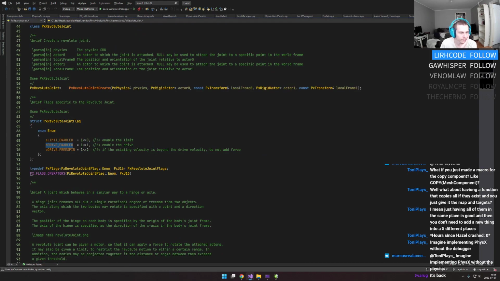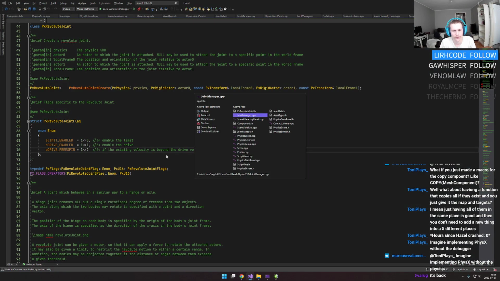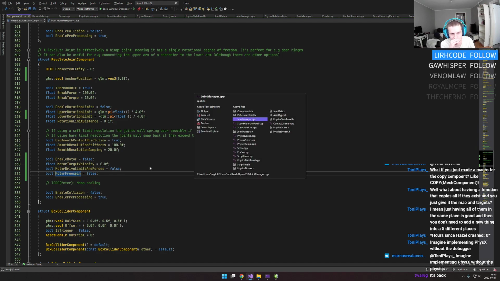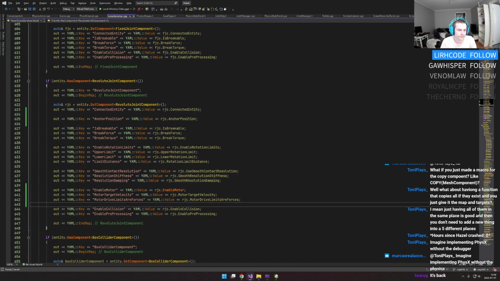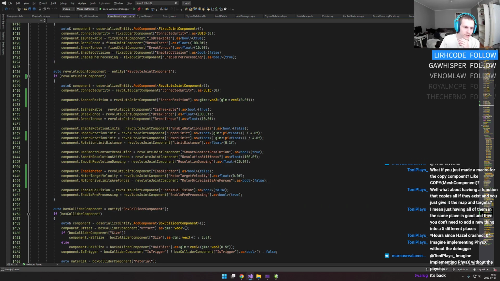Now I did see pre-spin. If the existing velocity is beyond the drive velocity, do not add force. Right. So we can add another option. Motor free spin. Not necessarily the best name, but whatever.